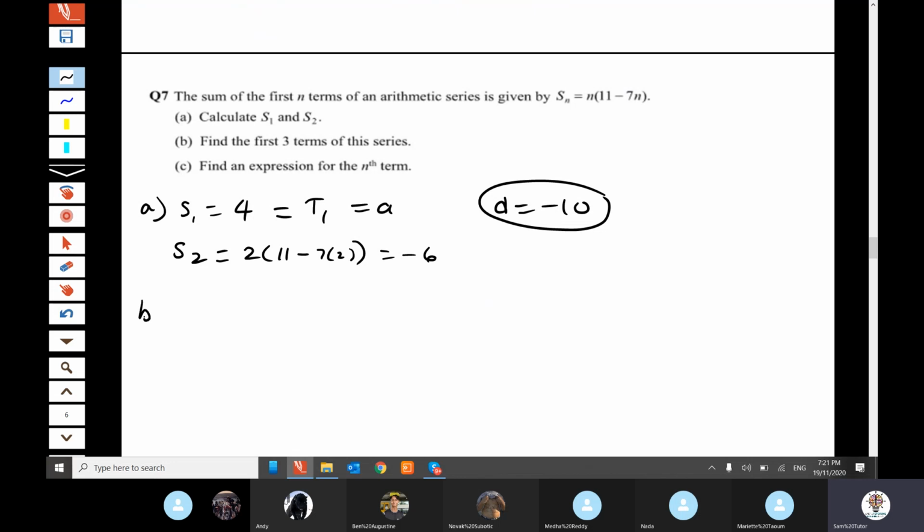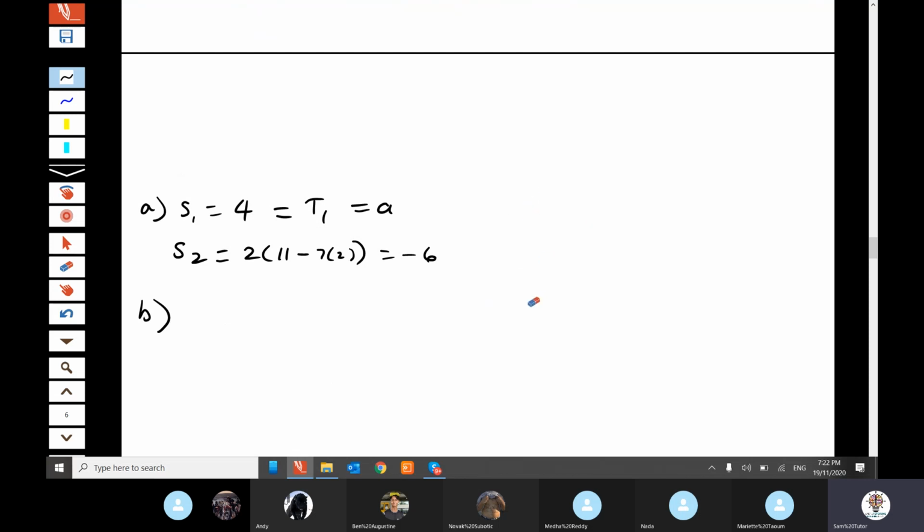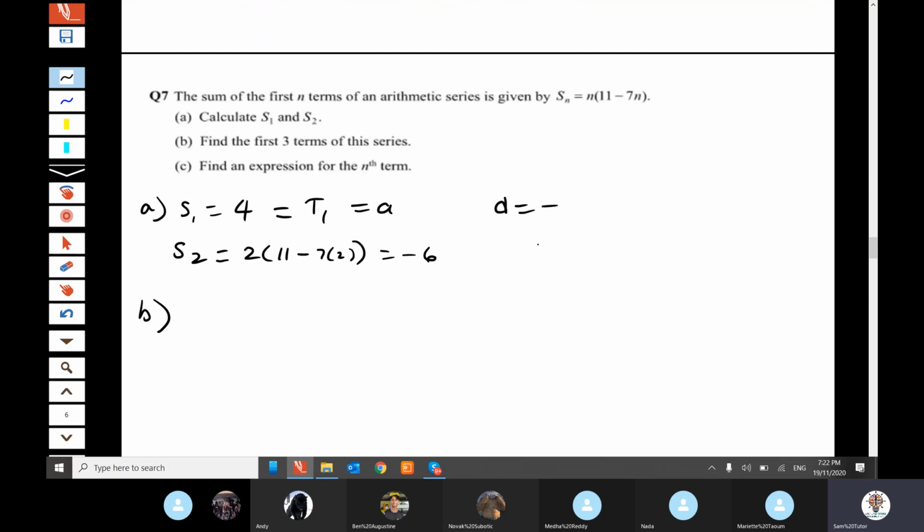B. Find the first 3 terms. Well, the first term is 4. Second term is? No, we've done something wrong. Sorry, hold on. Go back. I accepted your thinking, but it wasn't right. 4 plus a number gives us negative 6. So that means this number was negative 10.